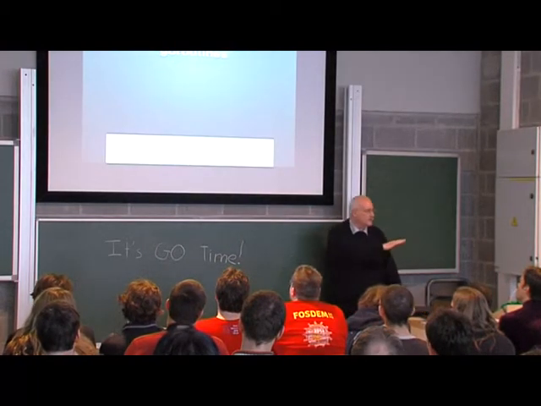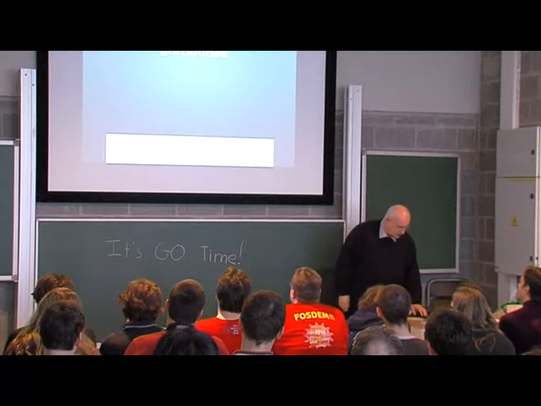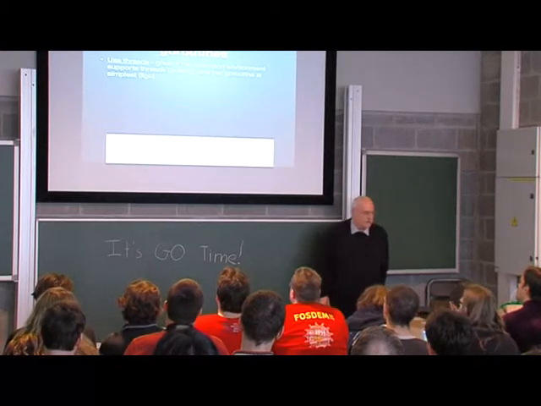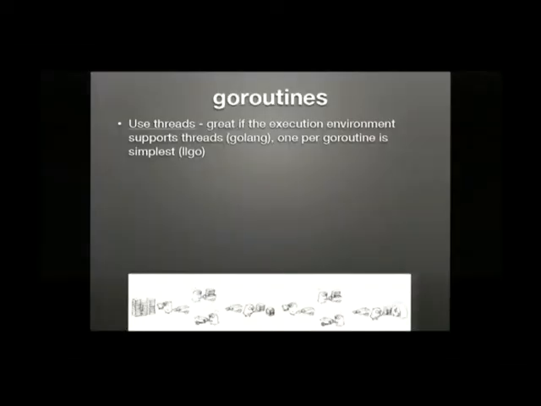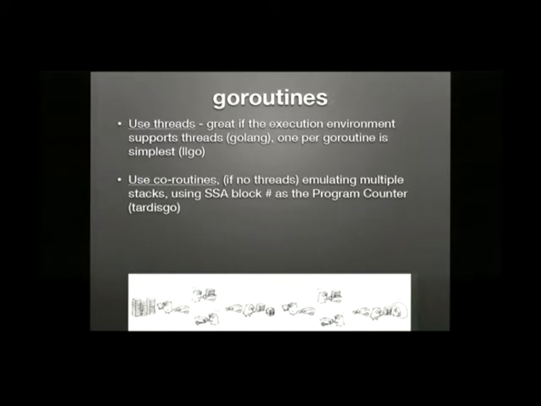So, the question that someone posed about Go routines. If you've got threads, wonderful. You can use threads, and the simplest thing to do in terms of generating code is to use one thread per Go routine. If you haven't got threads, as TARDIS Go doesn't have, you have to use coroutines and keep a pseudo stack for each of your coroutines.